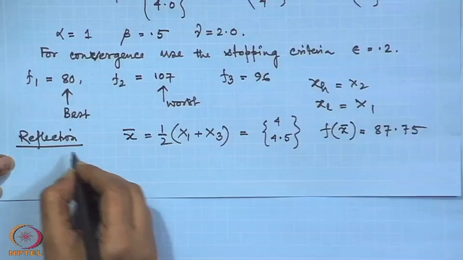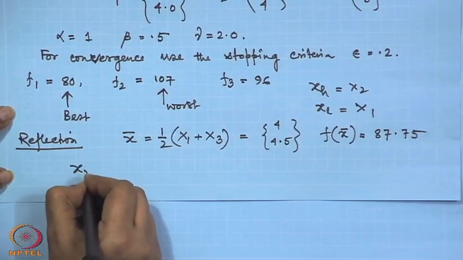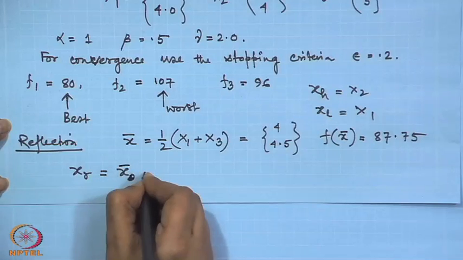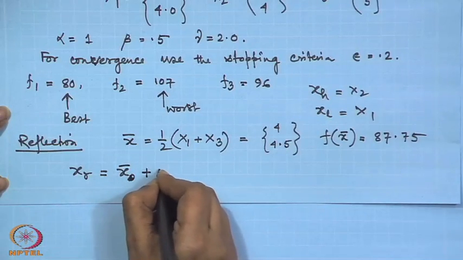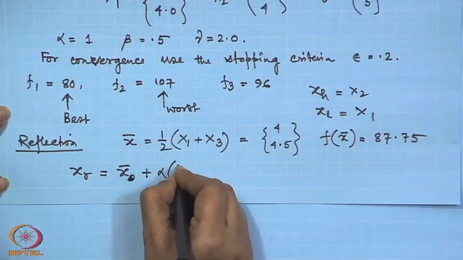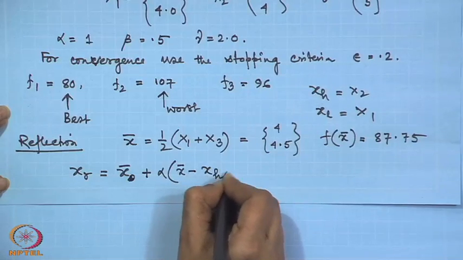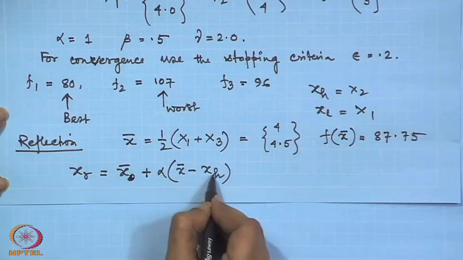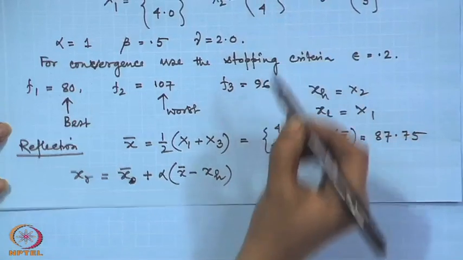Now the reflection process will start. How is it done? We generate xR as x bar plus alpha into (x bar minus xh). Here my x bar is 4, 4.5 and xh is x2, that is 5, 4.